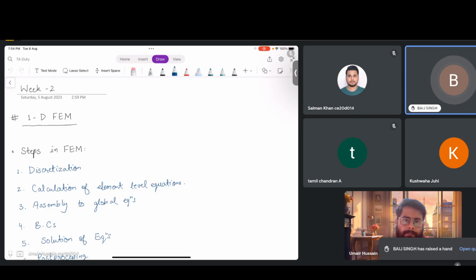There is variation only in phi one and phi naught. That is correct, but when you do dv by dx, if you go for the form A(u, phi_i) equals L(phi_i), that way you can solve it. C1 doesn't come in the square terms.